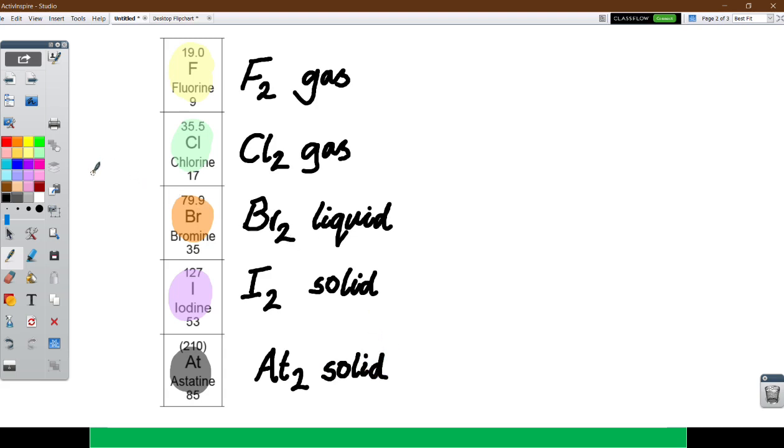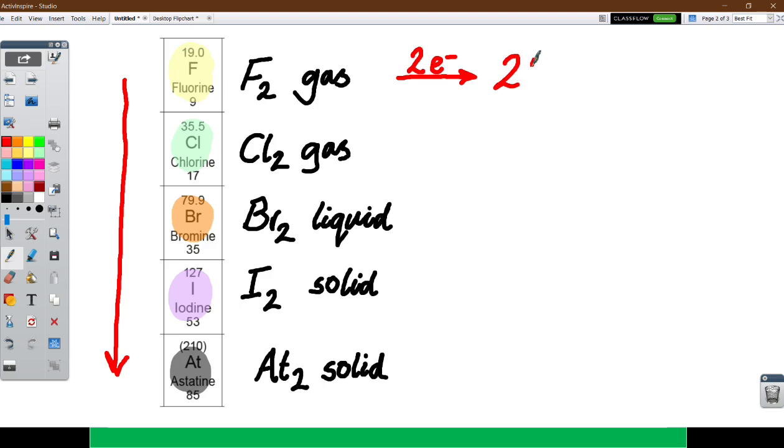Okay, if we start thinking about their reactivities then, as we descend the group, the reactivities of these elements, if you remember, decreases. Fluorine at the top of the group here is the most electronegative of all of these elements. It is extremely good at pulling electrons towards itself, and it will become a fluoride ion, which is very, very stable.